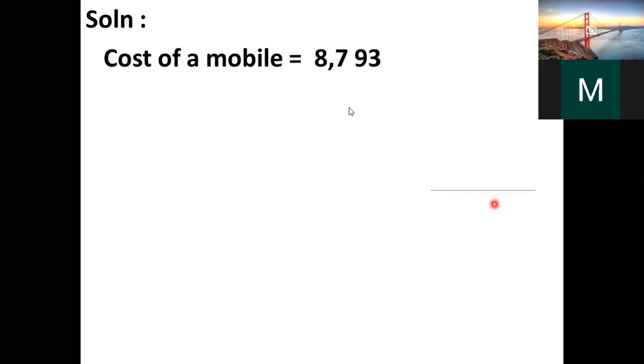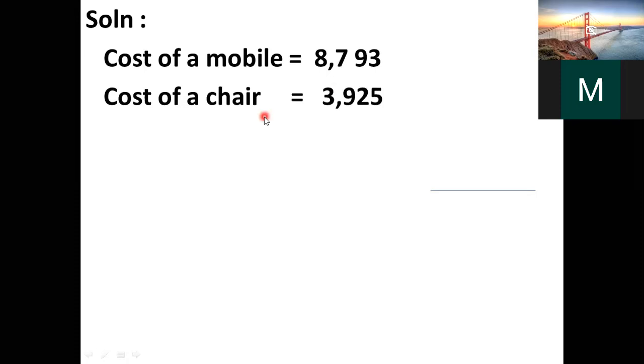Listen children, first write the given solution. The cost of mobile equals 8,793. The cost of chair equals 3,925. So we just add the estimates. First, change the values by rounding to the nearest 1,000.